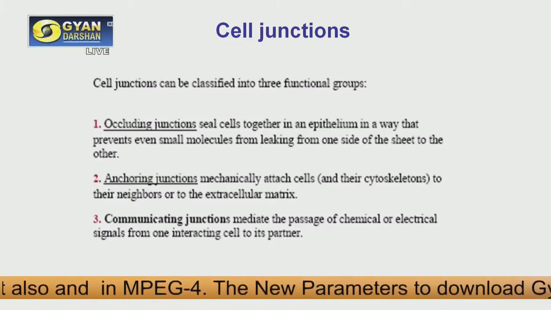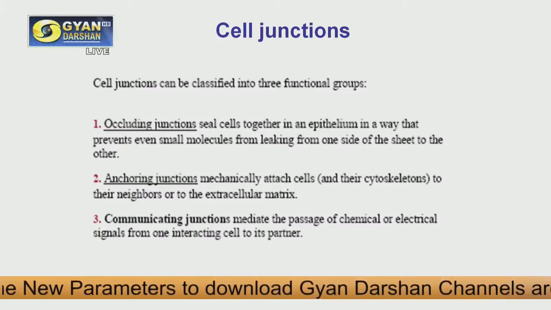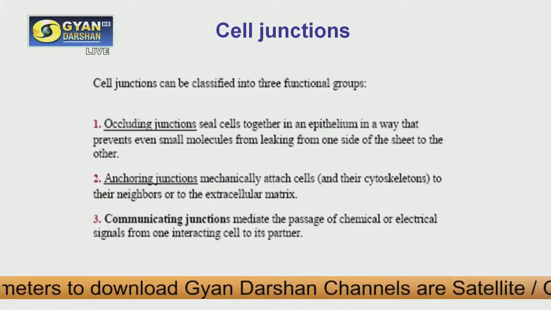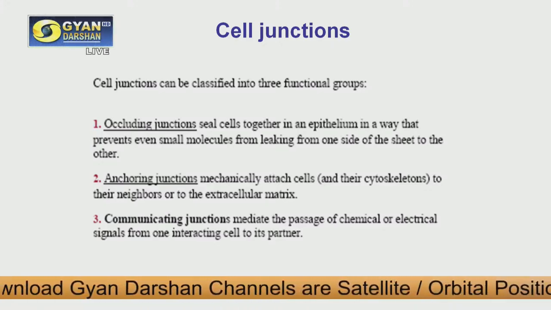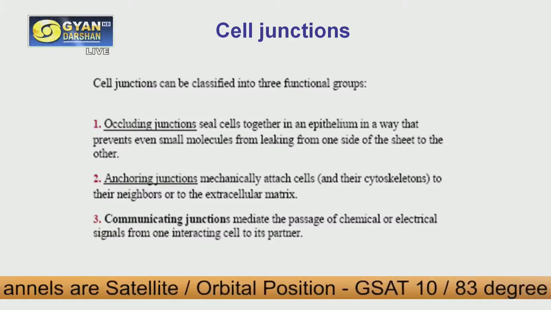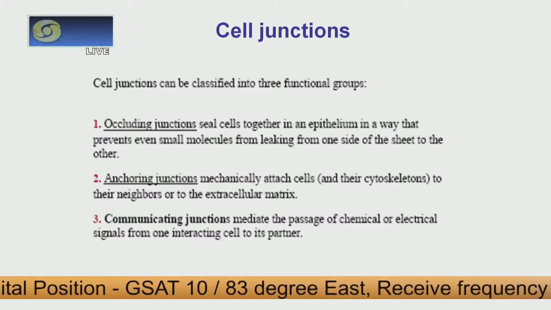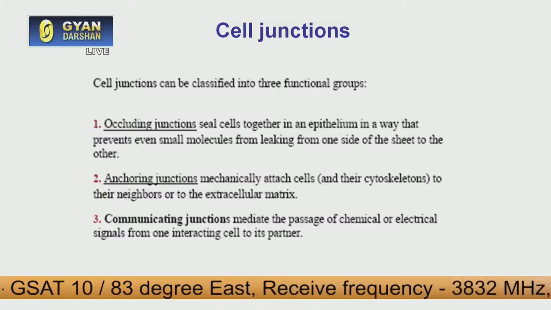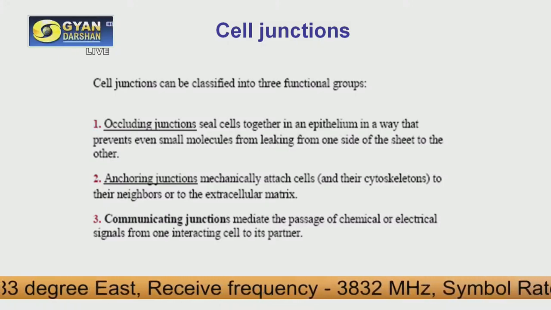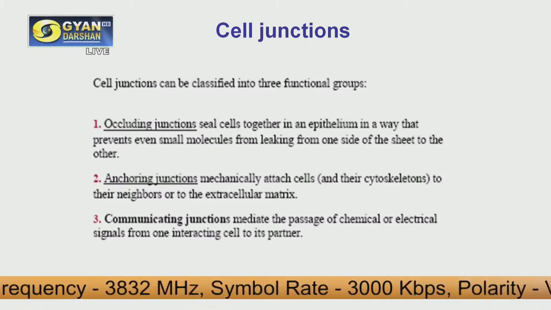Now these junctions can be classified into three different groups. One we call the occluding junction, one anchoring junction, and the third communicating junctions. Now we will try to understand what it means. The first one, that is occluding junctions, which are also known as tight junctions.